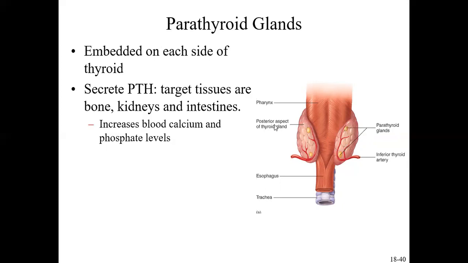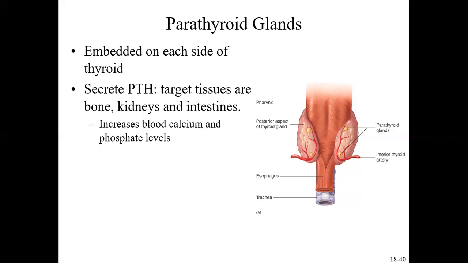They secrete a hormone called parathyroid hormone, which essentially does the opposite of calcitonin. Where calcitonin lowers your blood calcium levels, parathyroid hormone is going to help to increase your blood calcium levels. These are basically regulating or going through homeostasis for calcium. That's what they're for. They're trying to balance your calcium levels.